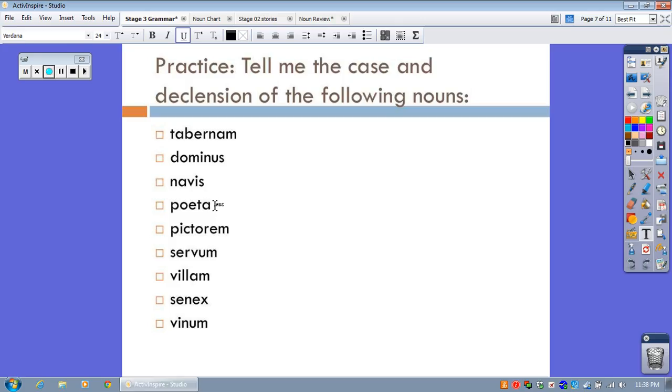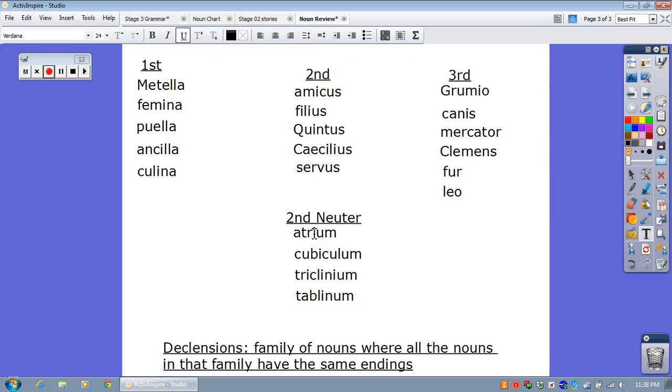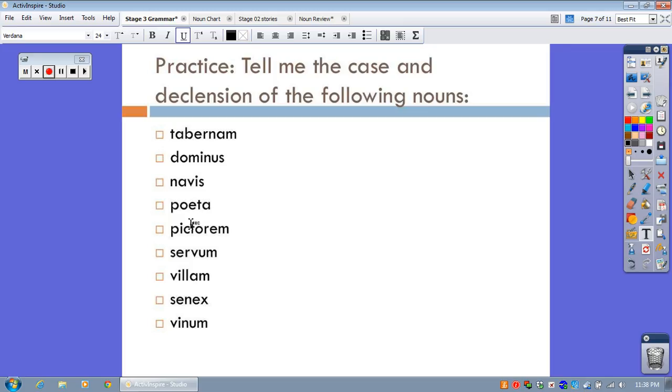Poeta, nominative case, first declension. Pictorem ends in an -em, that's accusative, third. Servum. Now, if we look over here, I think I told you that the nominative form is servus. So servum is a second declension noun, and it's got to be in the accusative case, since servus would be the spelling of it if it were the subject of the sentence.